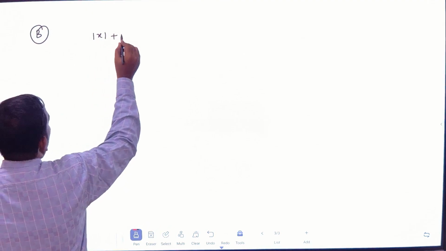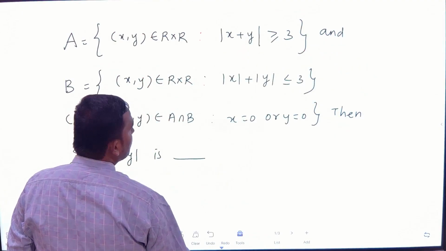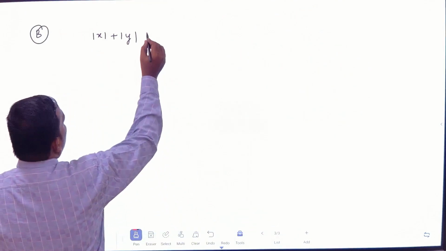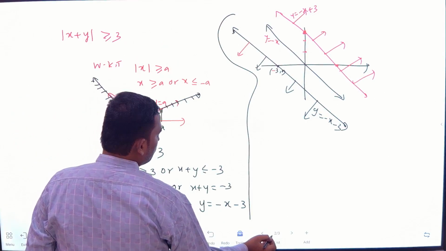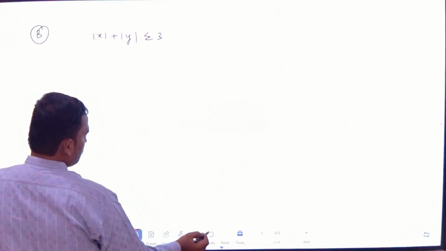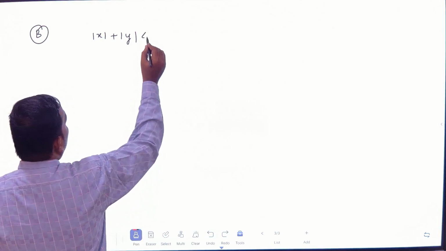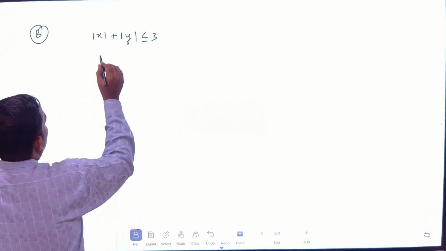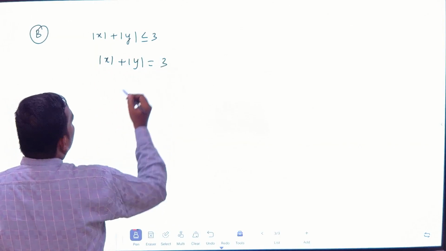Mod x plus mod y less than or equal to 3. How to draw this graph? First equate this: mod x plus mod y is equal to 3.